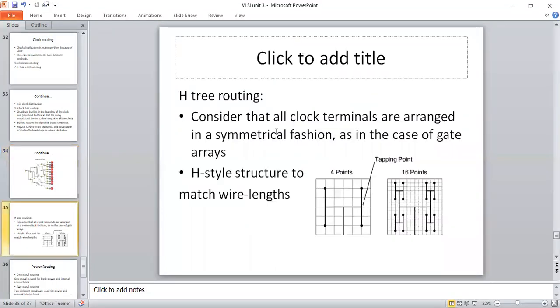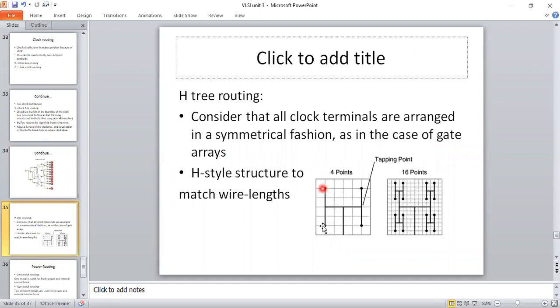Now come to the H tree. What is the H tree? You are passing the signal from the source to other points by using the H model. So it is called the source here, and you are passing the signal to some points.